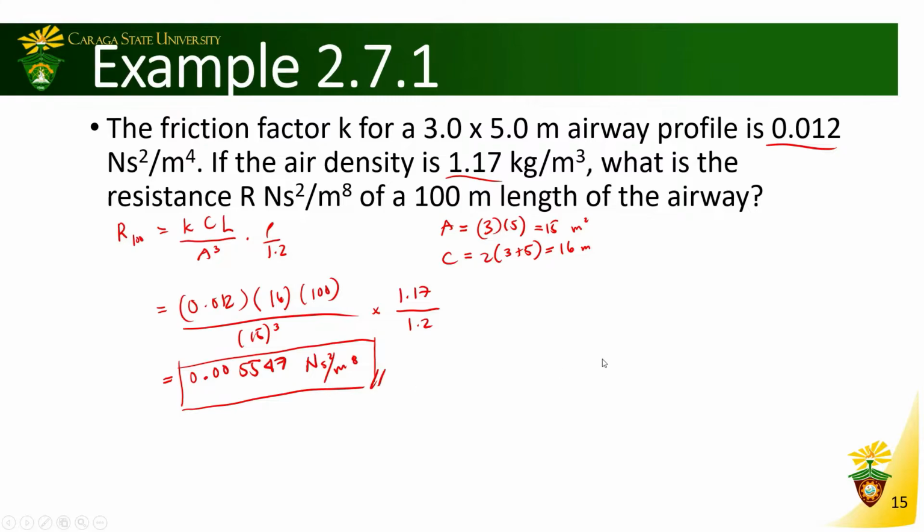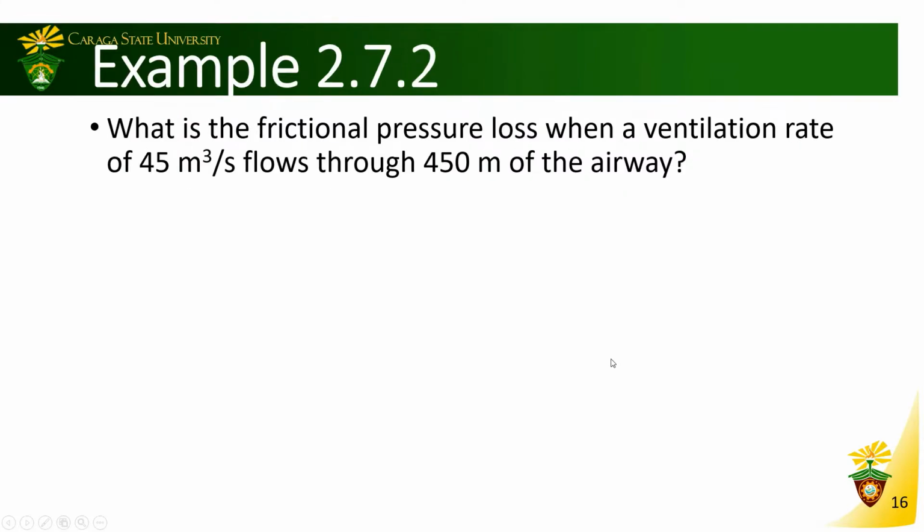Okay, next. What is the frictional pressure loss when a ventilation rate of 45 cubic meters per second flows through 450 meters of the airway?